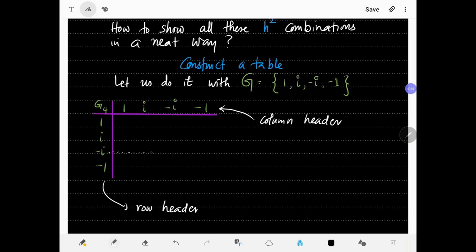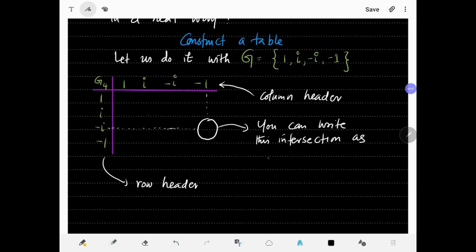And now start combining all elements. Say for example, if I take the column element minus 1 and the row element minus i, you can write this intersection in two ways.